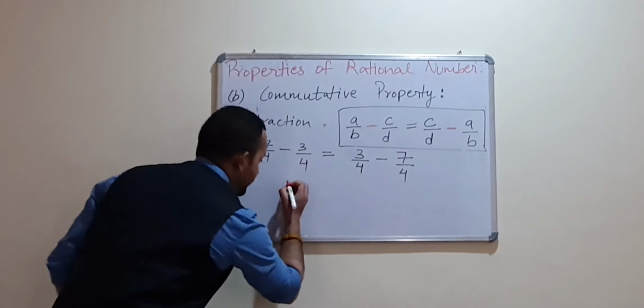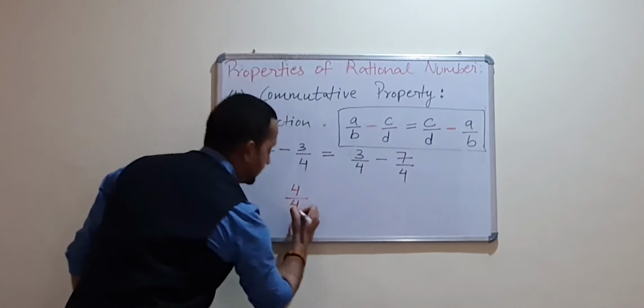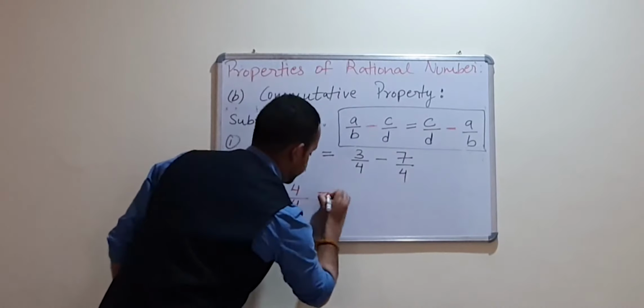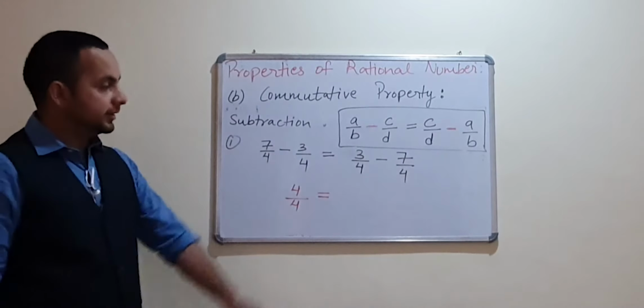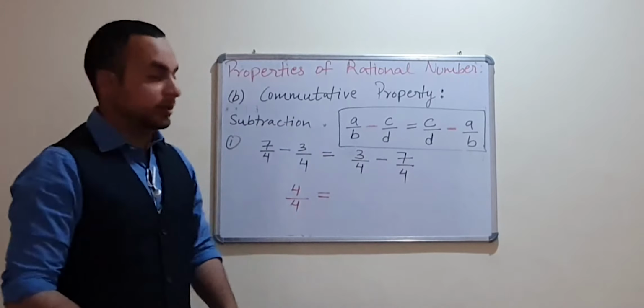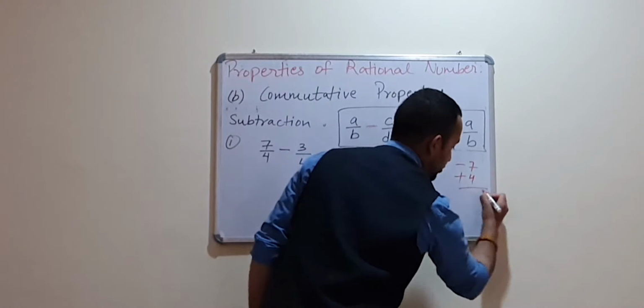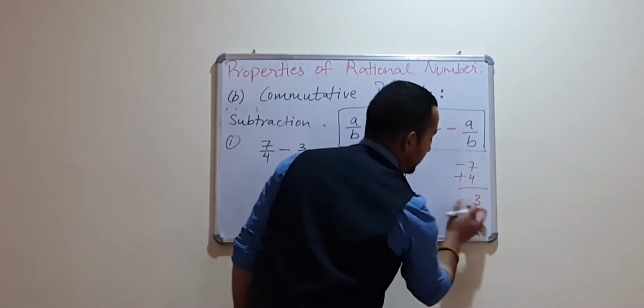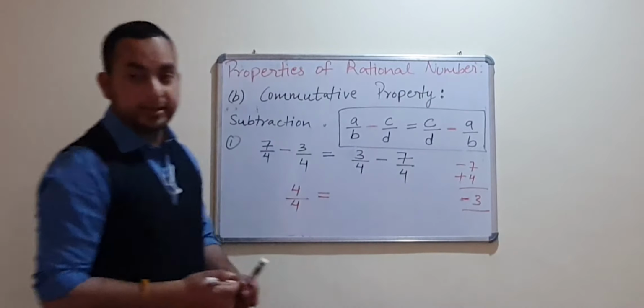So 7 minus 3 is 4, and the denominator is 4 because it is common. Then 3 minus 7: this is positive 3, this is negative 7, so negative 7 plus 3 gives negative 4. Wait, the answer is 4 in magnitude, but it is negative. Why is it negative?